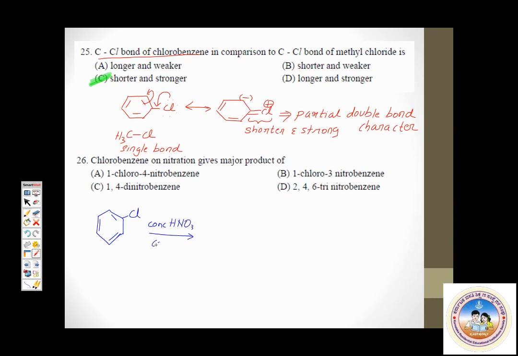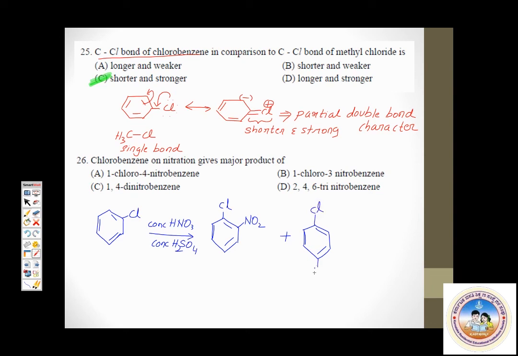And you know, chlorine atom or any halogen is ortho-para directing, which means you'd be getting a mixture of products. Ortho to chlorine, you get nitro substitution. This is ortho nitrochlorobenzene, and you also have nitro group substituted at the para position. So you get ortho nitrochlorobenzene and para nitrochlorobenzene.